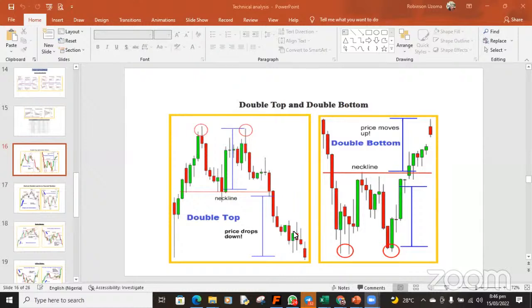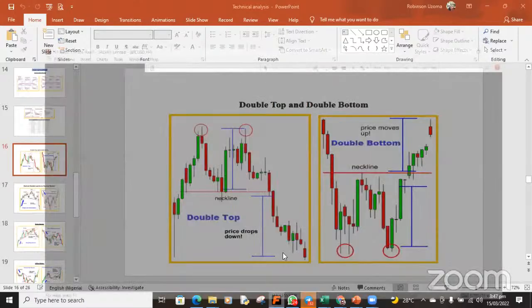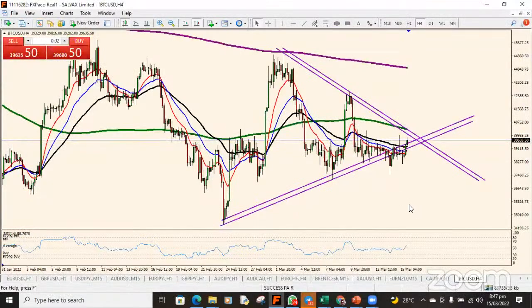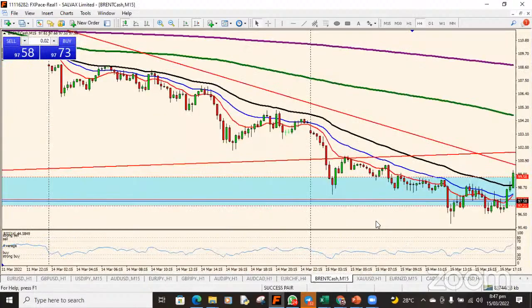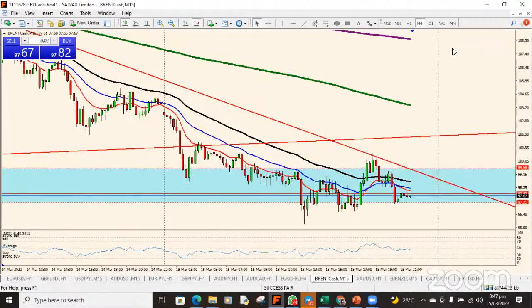Now let me remind you that this double top and double bottom is a reversal pattern. So let's see how it acts as a reversal on the chart. For instance, I'm going to show you something.